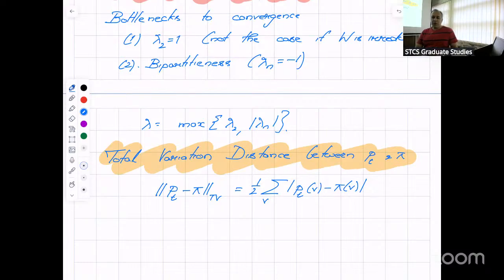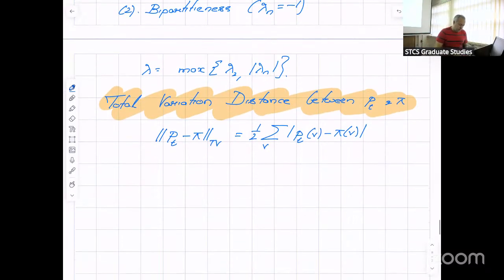We will now use the eigenspectrum to analyze this. How am I going to prove this? Ideally, because we are working in the pi inner product, for all summations over v it's best if there is a pi v sitting in front of it. It should always be a weighted summation.